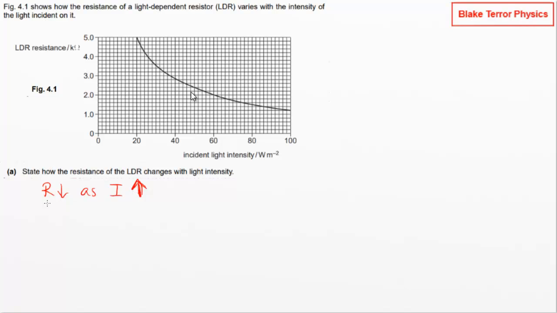I mean, we might want to put in something as well that the largest change in resistance is greater at lower light intensity. So we're just saying a couple of things. We're saying something about the shape of the graph as well as just the fact that the resistance is dropping as the light intensity increases.